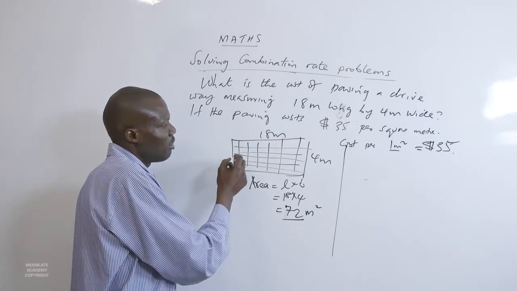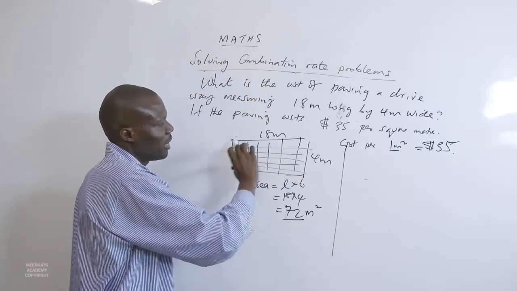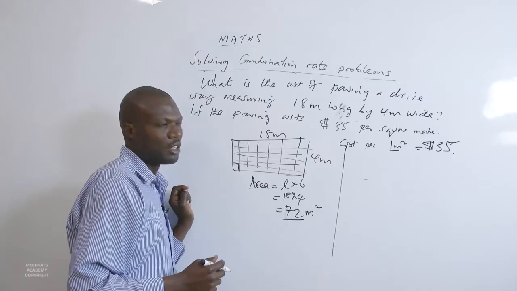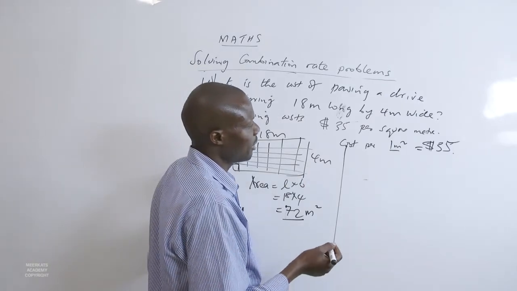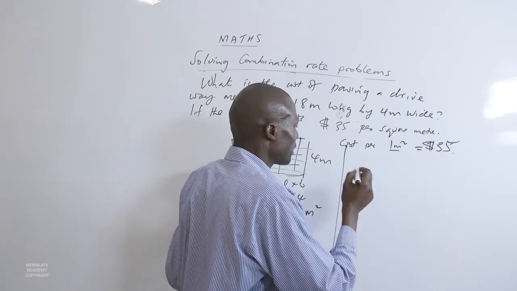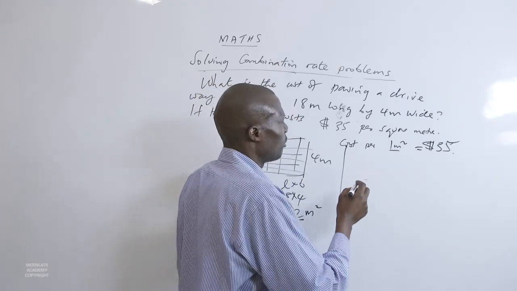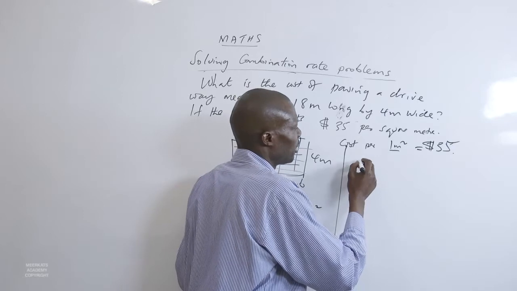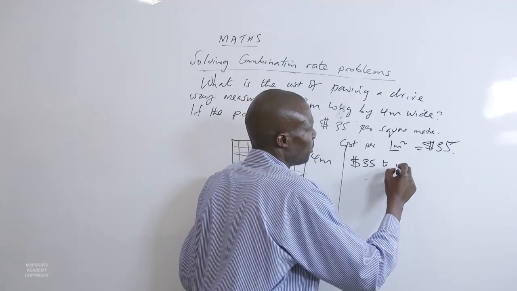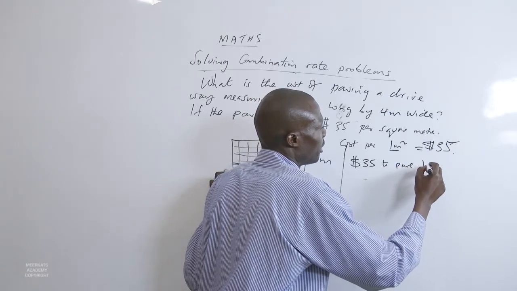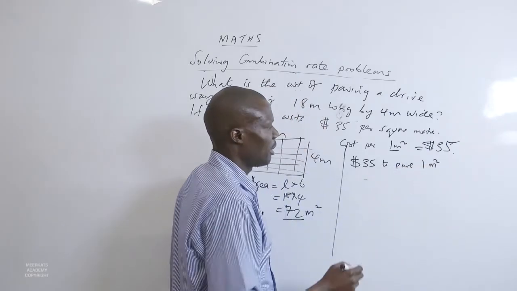And we have 4 of these this way and 18. So in other words, we now bring in the rate and ratio issue, and we shall see that it costs $35 to pave 1 square meter.